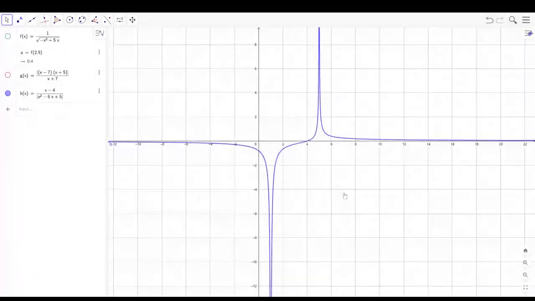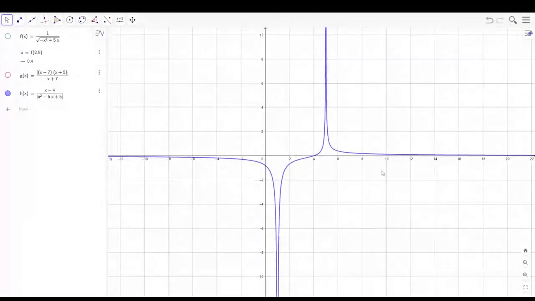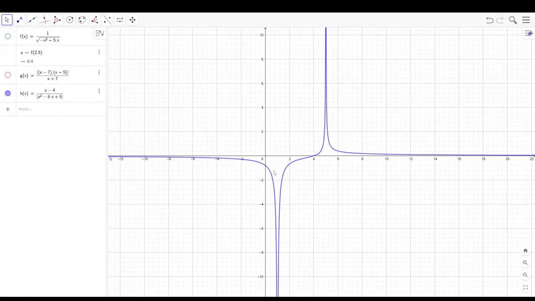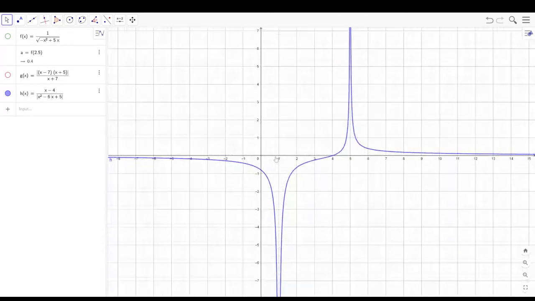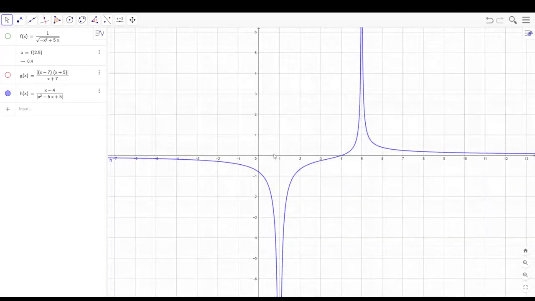So let me go over to my picture. You can see there's a problem at +1 and +5. As we approach +1, which is here, what's the left-hand and the right-hand limit doing?